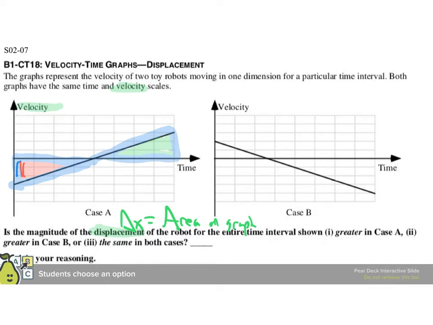If I try to compute here, because the base here is negative of what this one is, and these are the same, we can count them out, then the two areas would be the same in size but opposite, and so the total area is 0, which is kind of weird. What does that mean? Well, it means the thing has actually gone nowhere. Delta x is 0. So it's back to where it was.